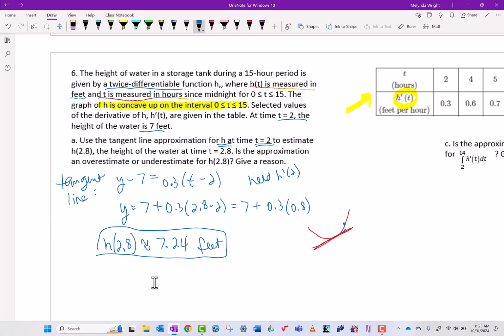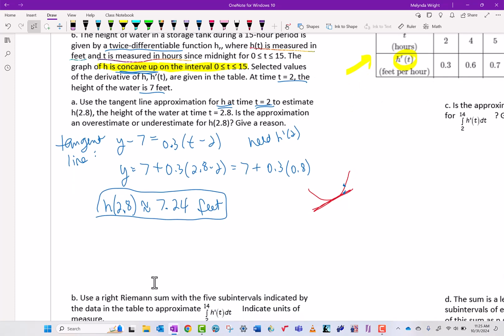So do we know whether this function is concave up or concave down? Yes, we do. It was written right up here. It's concave up, so therefore, we're going to say since h is concave up on, and we'll say the interval because they love that, the tangent line lies under the graph.